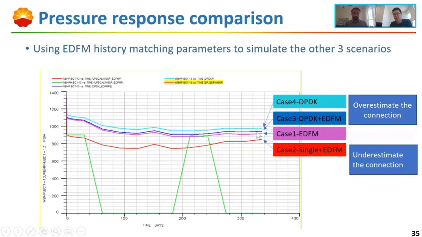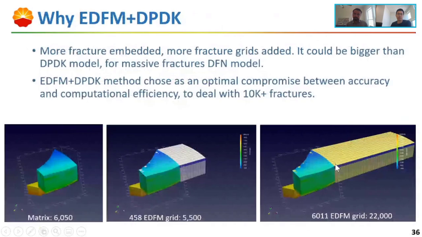So DPDK's pressure response is higher than EDFM because of the overestimate of the connection. And for case 2 single well, because we merged some fractures into matrix, that underestimates the connections. So since EDFM is more accurate, can we just use EDFM to simulate the whole reservoir?